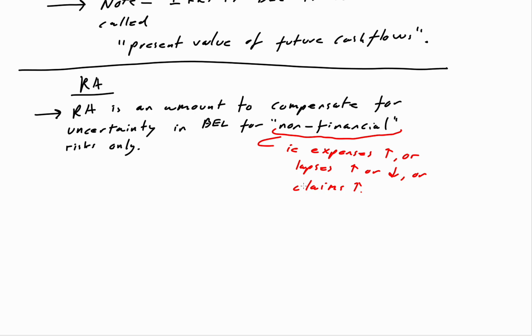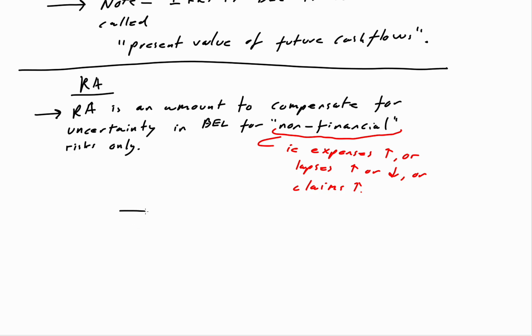They need some extra money as well, and the risk margin is an assessment of that extra money. You could argue that the risk adjustment is similar. It's an additional amount of money on top of the BEL in order to compensate or allow for certain kinds of risks. It is a bit different, but there is a little bit of connection there.